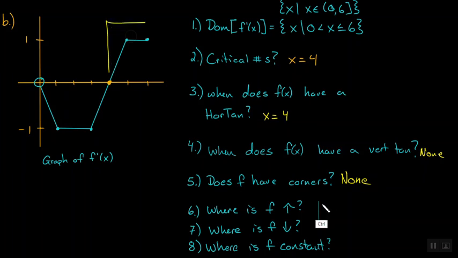Okay, f is increasing from 4 to 6. Decreasing on 3 to 4. Decreasing is where the derivative is what? Negative.